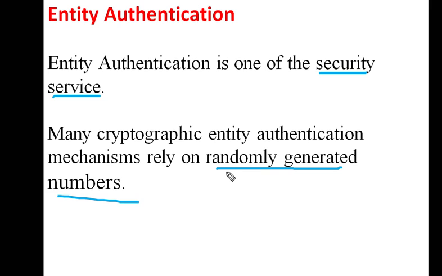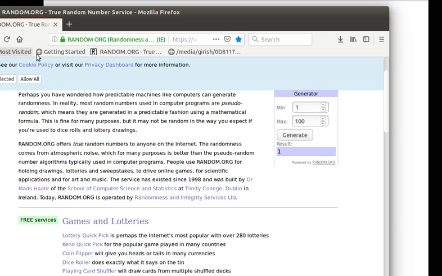So how does cryptographic entity authentication rely on randomly generated numbers? For example, I want to generate a random number from 1 to 100. So 30.